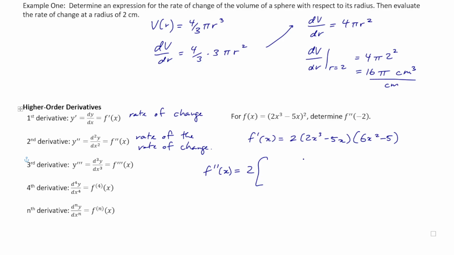So the derivative of this one is going to be 6x squared minus 5. So the derivative of the first times the second, which is 6x squared minus 5, then plus the first one, 2x cubed minus 5x, times the derivative of the second, which is 12x.